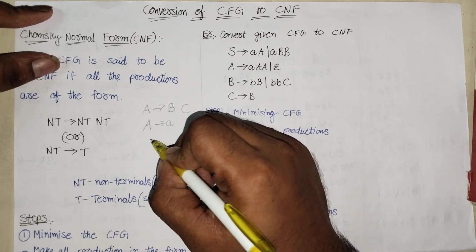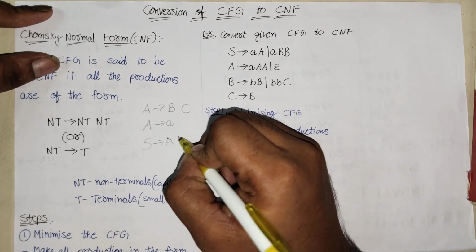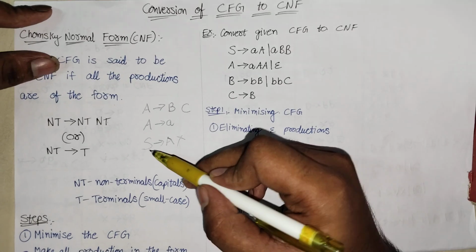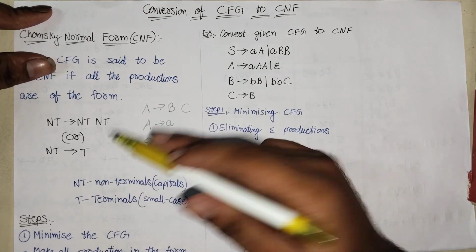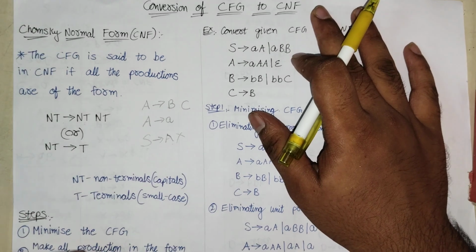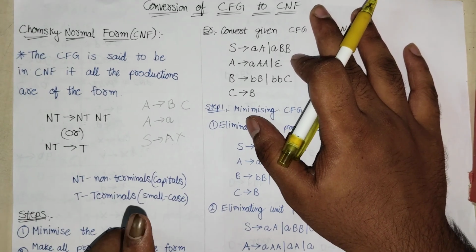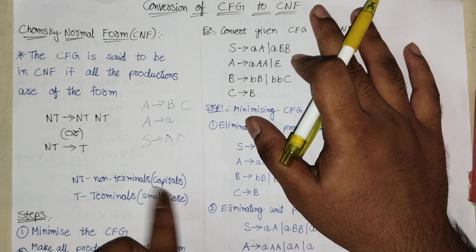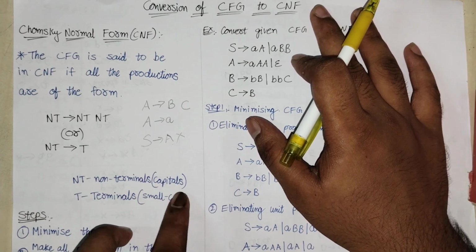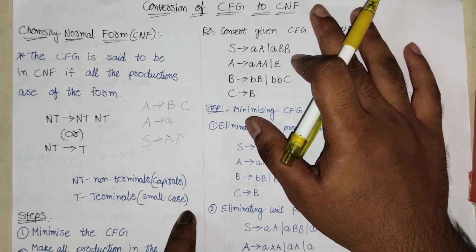Capital S tends to capital A is not in the Chomsky normal form, since it is non-terminal tends to non-terminal, not terminal. Don't confuse the terms. Non-terminals are capital letters and terminals are small case letters. Remember that.